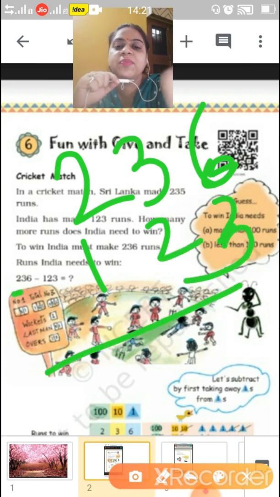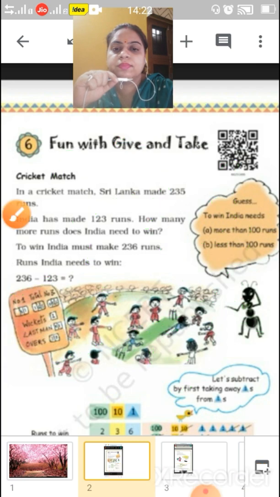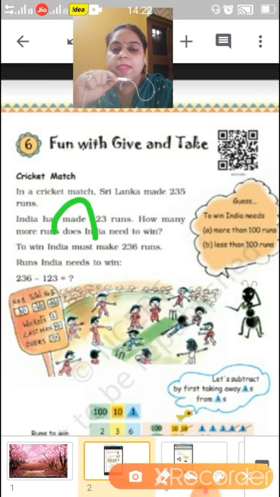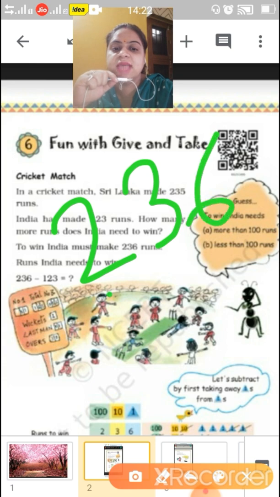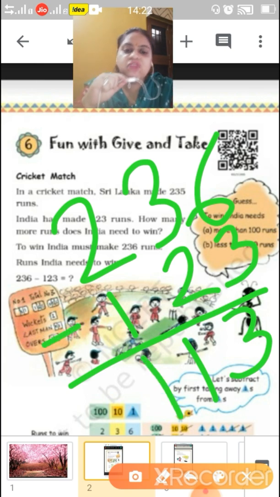When we are subtracting 236 and 123, we get 3, 1 and 1. So India needs 113 runs to win.